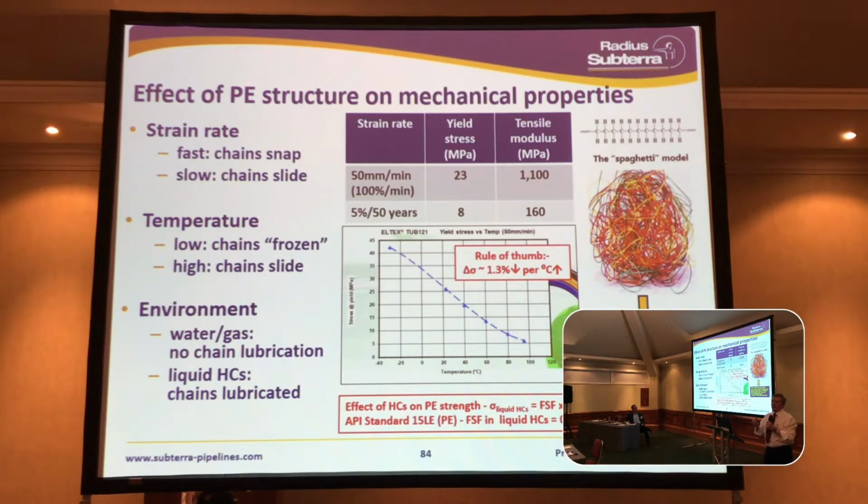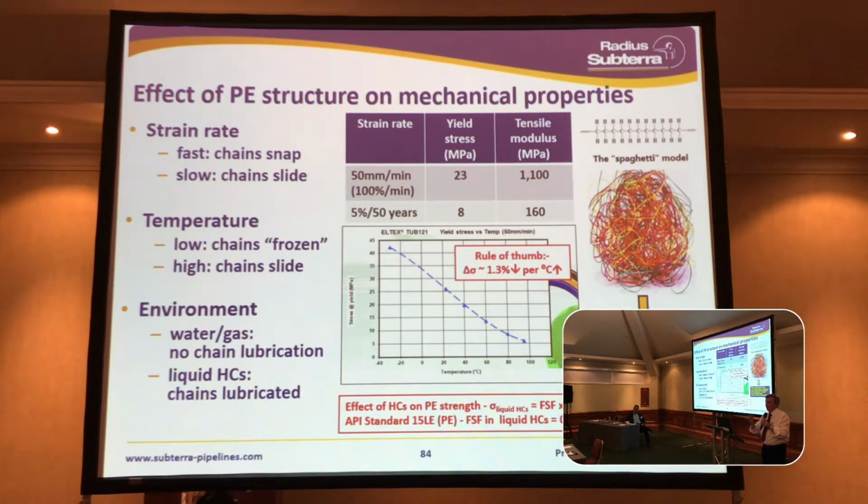Temperature has an effect in the sense that at low temperatures the chains are frozen in position. It's very difficult to get them to move, so you get one strength. As you increase the temperature, the thermal motion of the molecules means that they can slide over each other much more readily, so you get a different characteristic strength at high temperature.